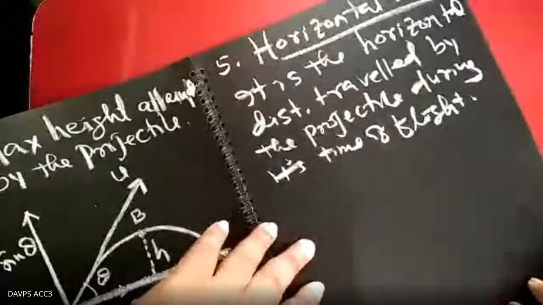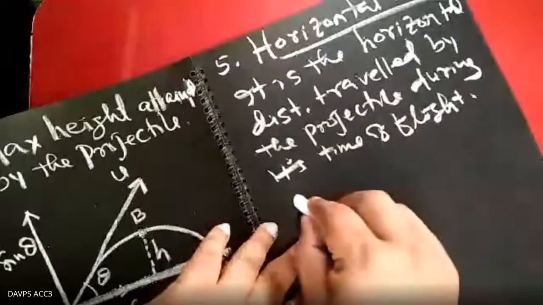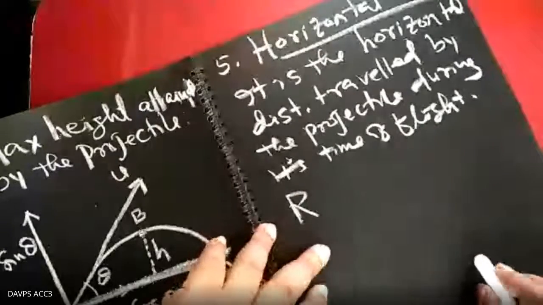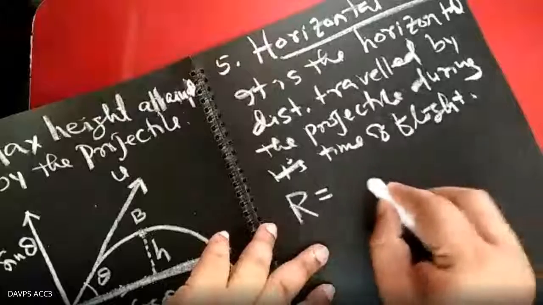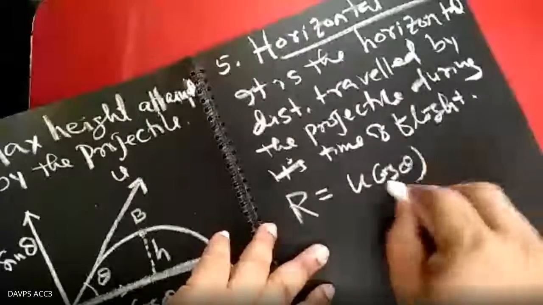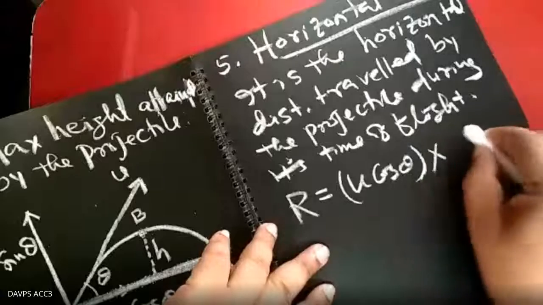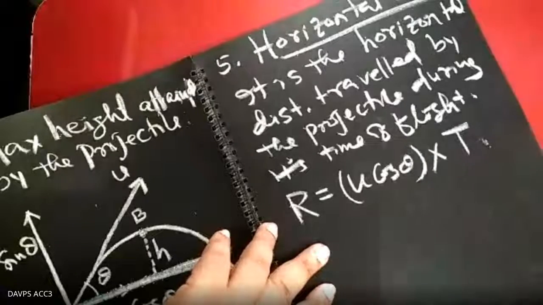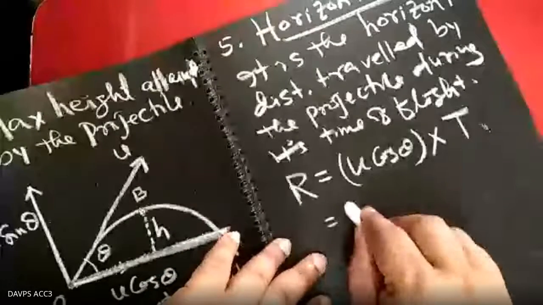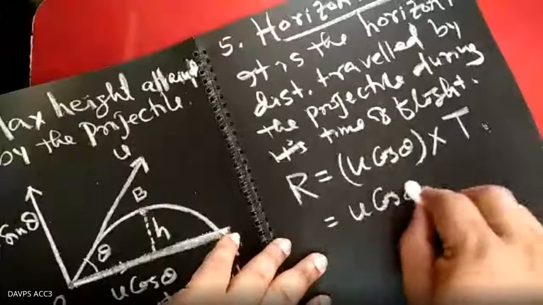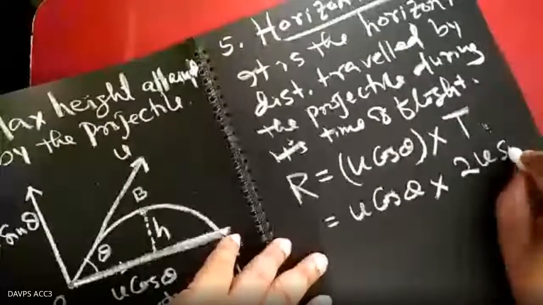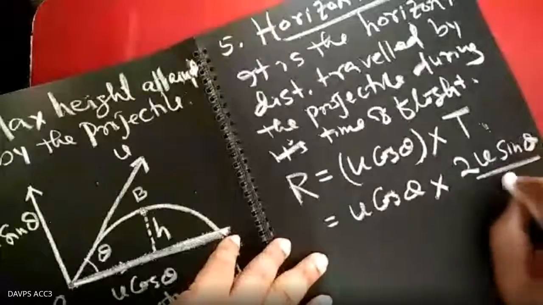And that is uniform. So what will be the horizontal distance? Distance equal to velocity into time. The horizontal range will be equal to u cos theta, horizontal velocity, multiplied with time of flight, capital T, which is 2u sin theta upon g.